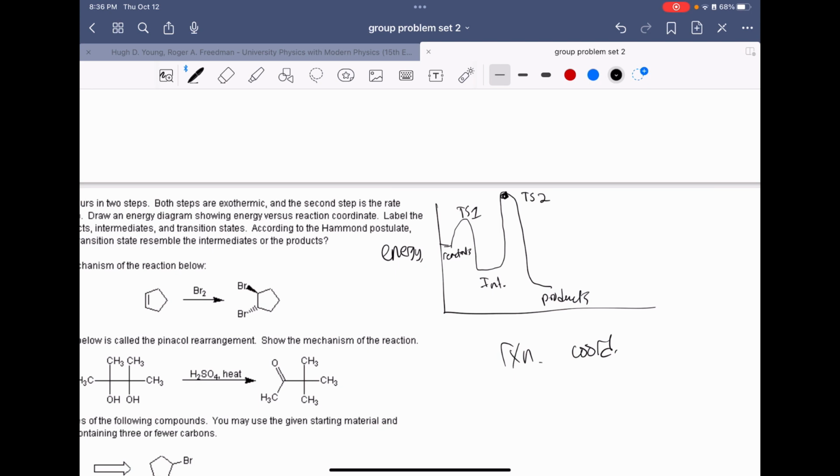So we can see this is the height from the transition state to the intermediates, and this is the height from the products, so it's closer to the intermediates. Therefore, transition state 2 looks closer to the intermediates.